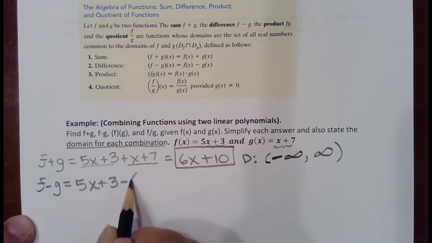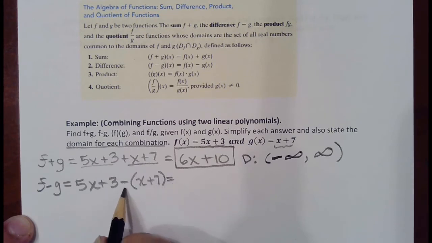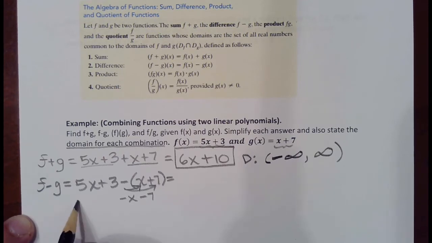Subtracting a polynomial means switch all the signs of the terms that come right after it. So -x and -7 will be combined with this 5x plus 3 to give us 4x. That would be 5x minus 1x, and then 3 take away 7 is -4.